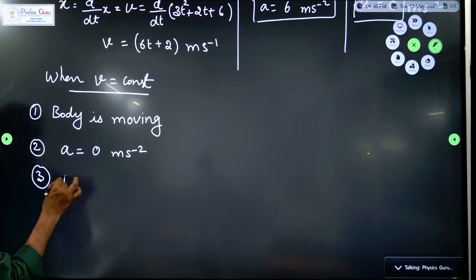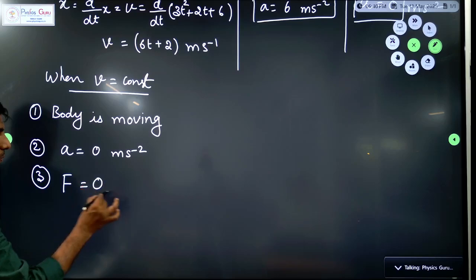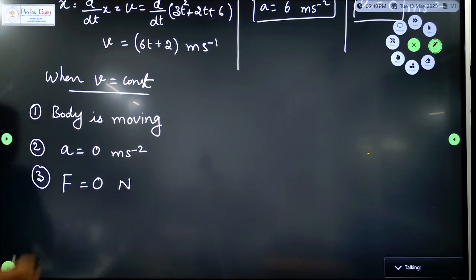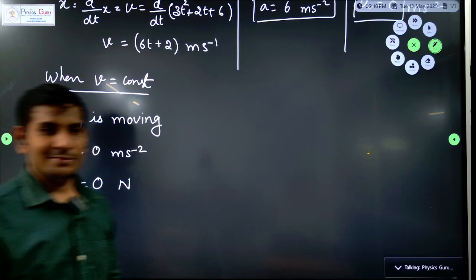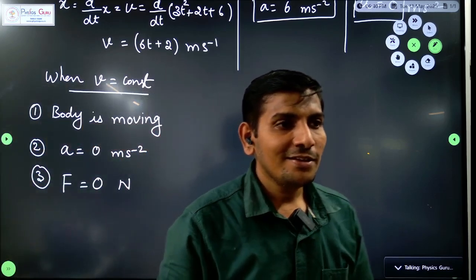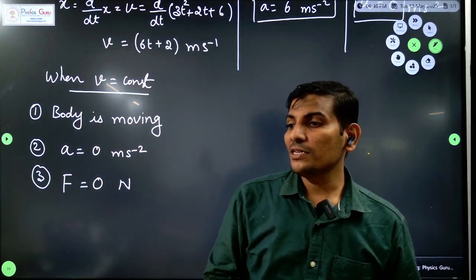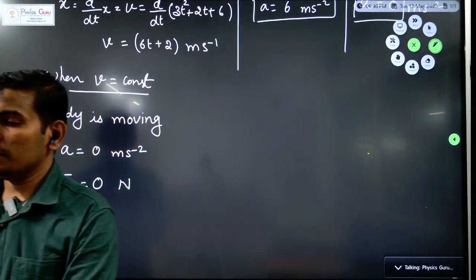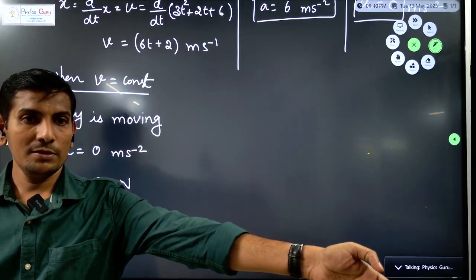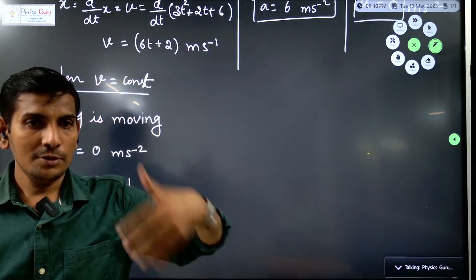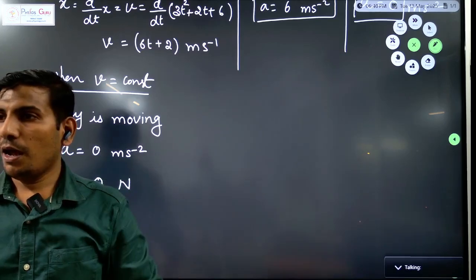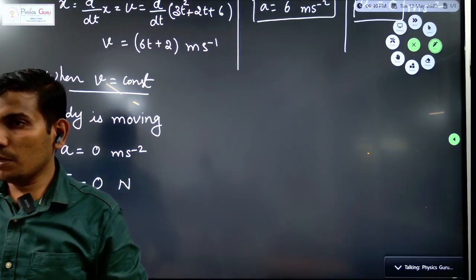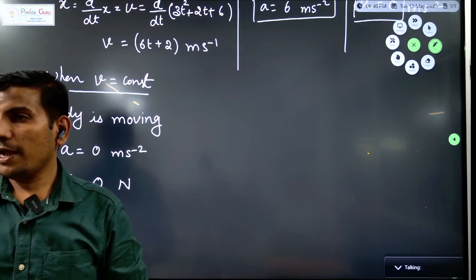The force acting on the body is 0 Newton. This is what Newton told. What is Newton's first law? Law of inertia. If the body is in uniform motion, it will continue to move unless and until some other force comes and acts on it.